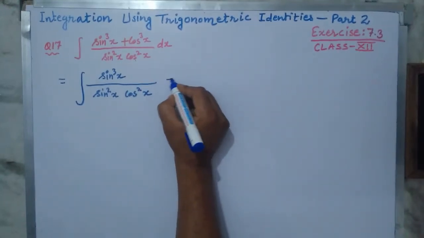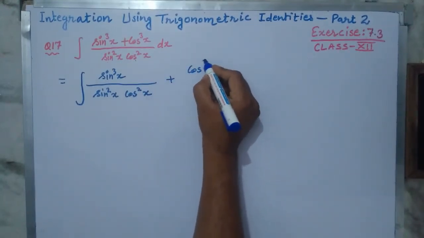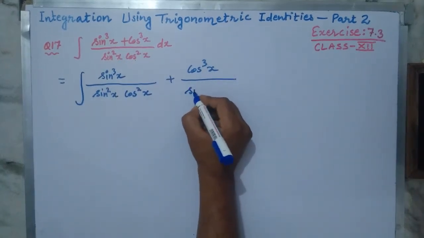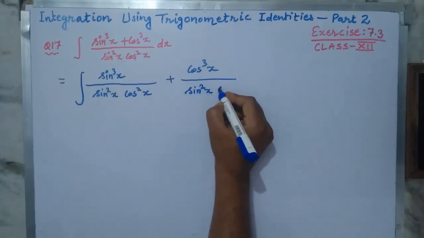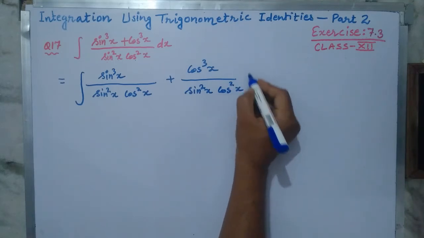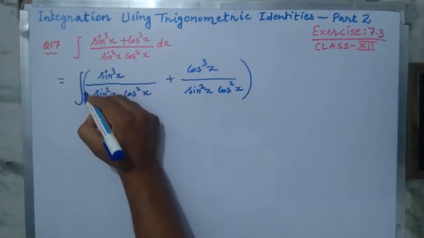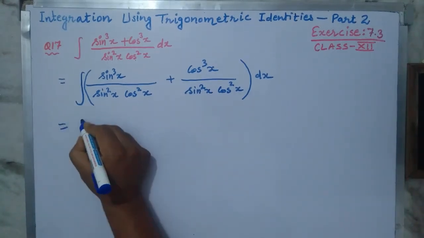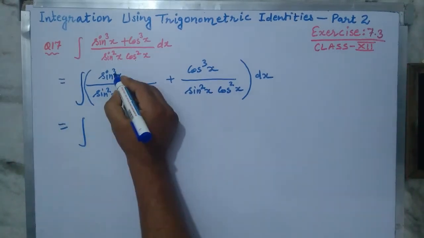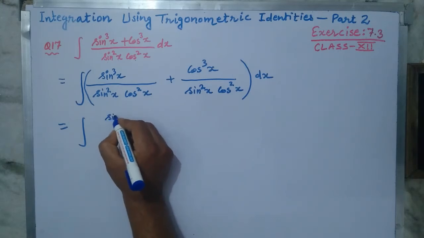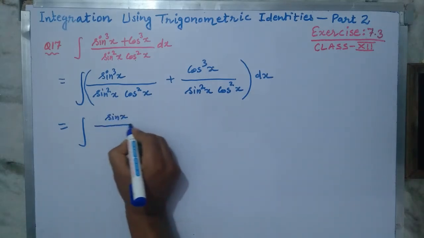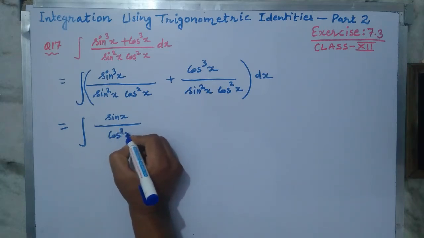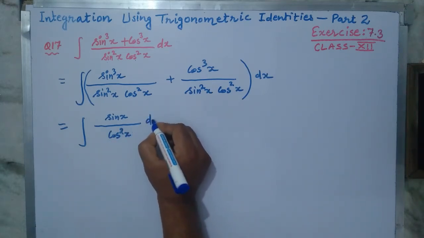Next term is plus cos cube x, again we write the whole denominator sine square x into cos square x, outside we write dx. So what we have now, this is equal to only sine x is left in the numerator and in the denominator we have cos square x dx.